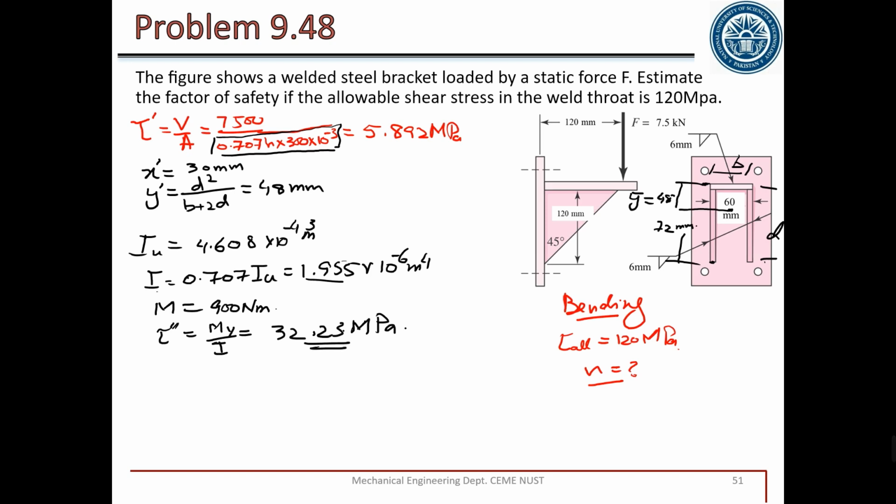We have the primary shear, we have the tertiary shear. One thing to remember: let me explain. When we have torsion and primary shear is downward, we have to calculate the resultant from the x and y components of both.